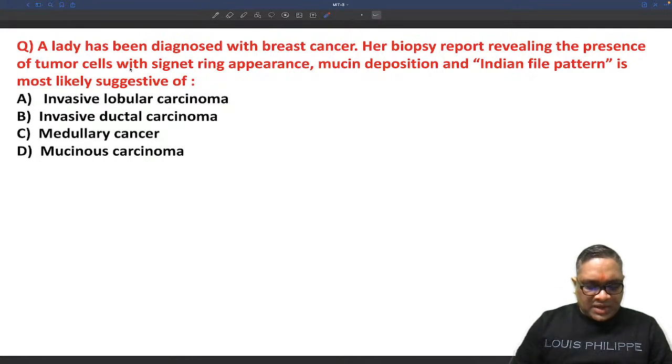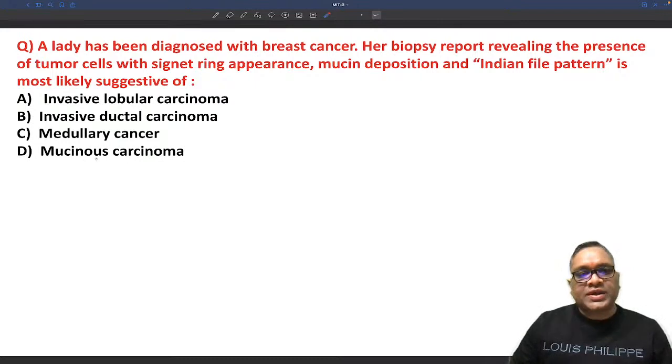Very good. So this is a very clear-cut question, right? I think the first answer was given by Prashant and Vijay Raj, right? Very good. So this is invasive lobular carcinoma.